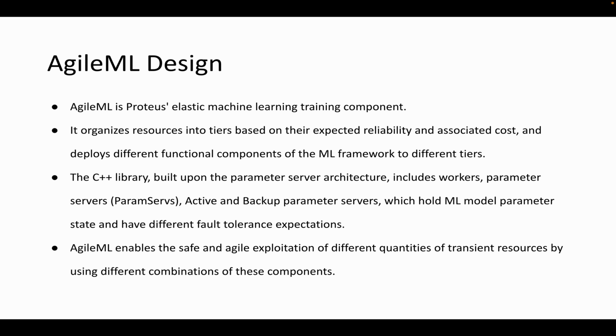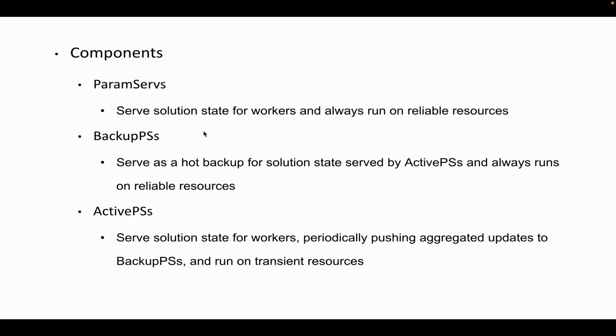This is just a high-level overview. Overall, AgileML is an advanced tool that enables the safe and agile exploitation of different quantities of transient resources and on-demand reliable resources by using different combinations of the components of the parameter server architecture.